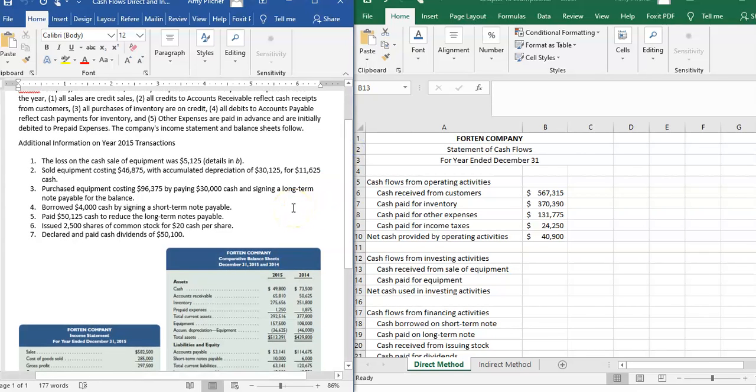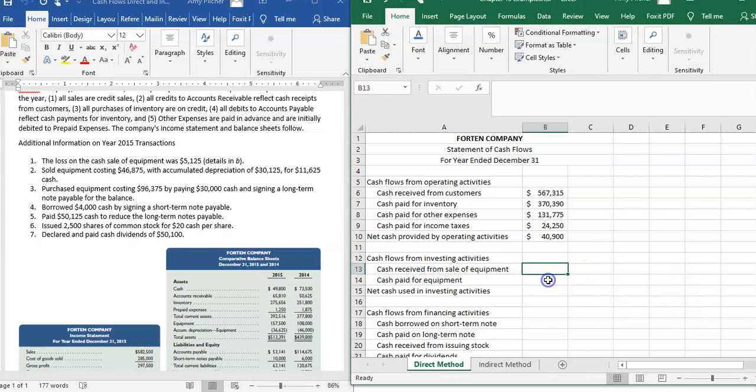So here we sold equipment costing $46,875 with accumulated depreciation of $30,125 for $11,625 cash. The only thing that we're concerned about for the statement of cash flows is the cash. So we received $11,625 in cash.